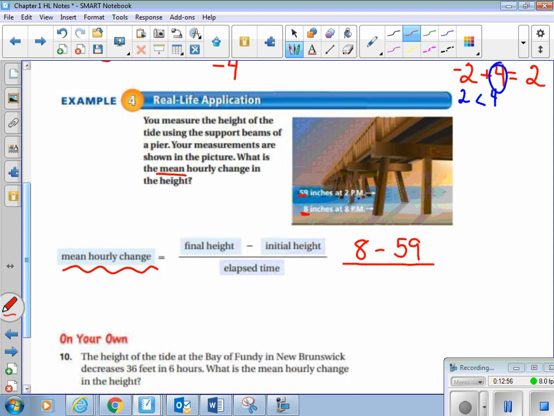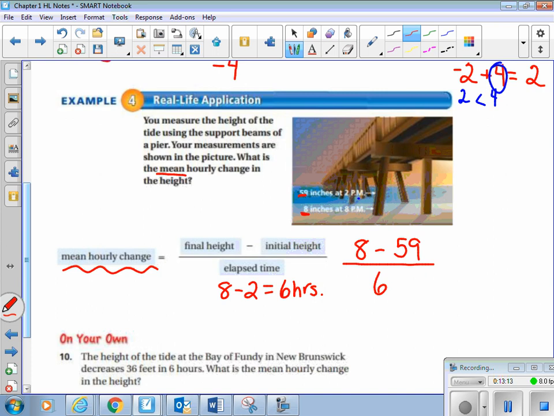How many hours went by from 2 p.m. to 8 p.m.? If I subtract, 8 minus 2, that means 6 hours has passed. So 6 hours is my elapsed time.